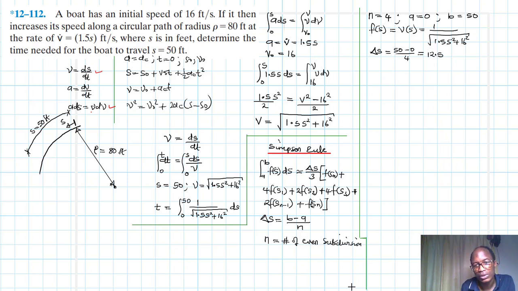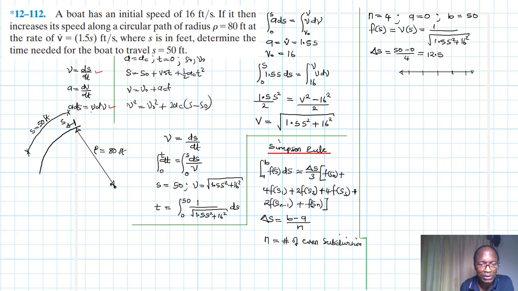So if we are to draw this on the number line, basically what we are saying is 1 2 3 4, like so. So let's draw this on the number line. So we have this value there, this value, this value, this value, and this value.